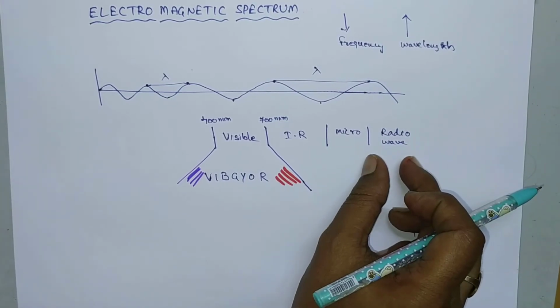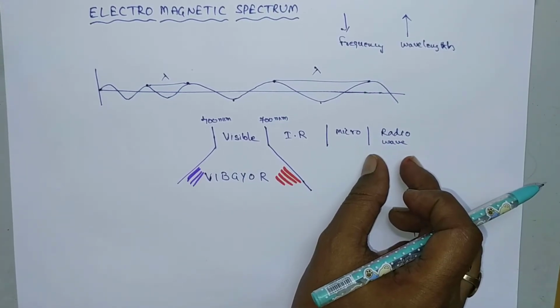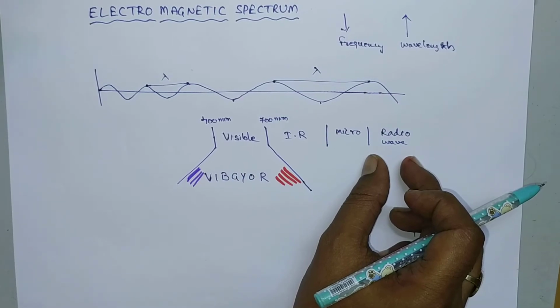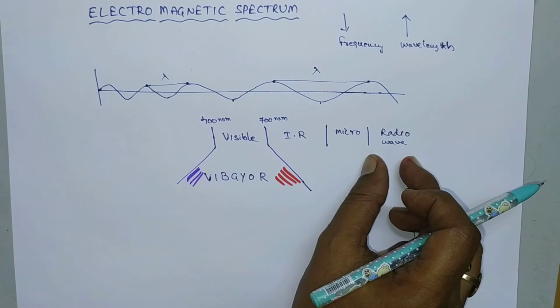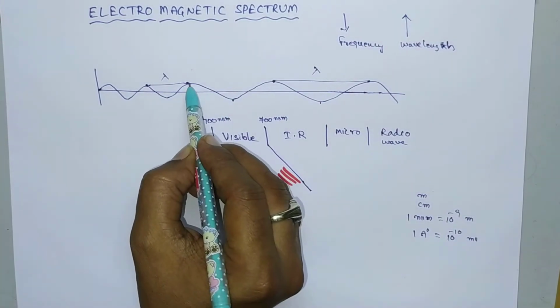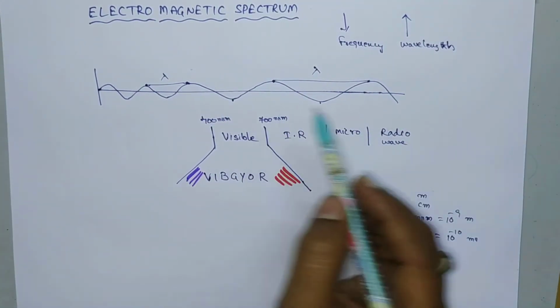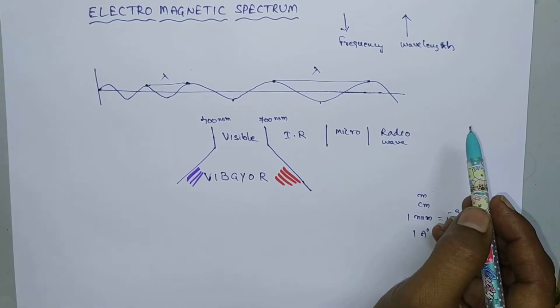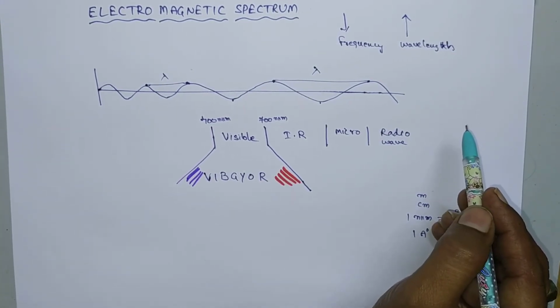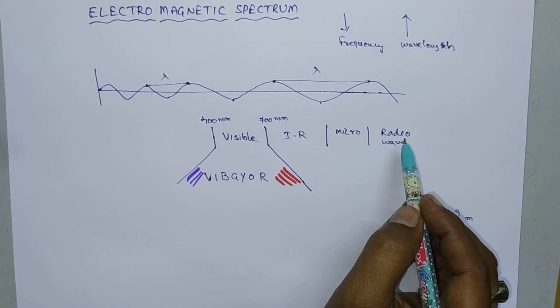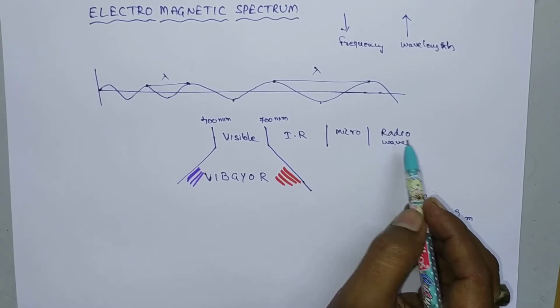That's why these are useful for broadcasting radio signals like FM or Radio Mirchi. Highest wavelength means they can travel the largest distance, so we can broadcast signals to farther distances. These radio waves exhibit high wavelength, which is why they are useful for broadcasting signals.